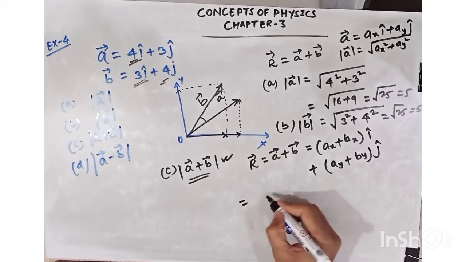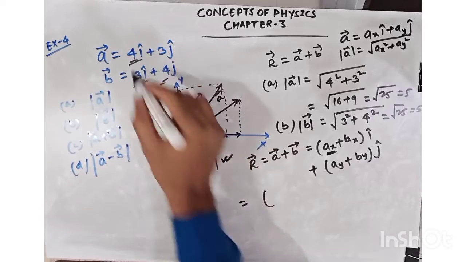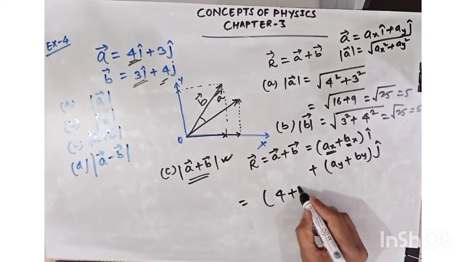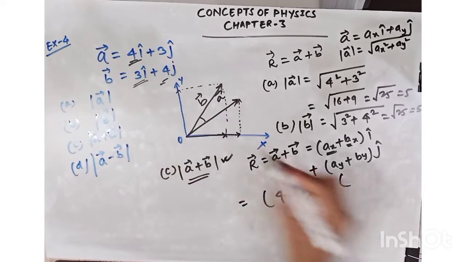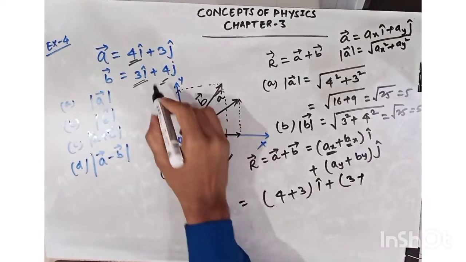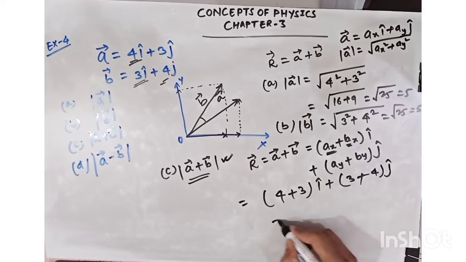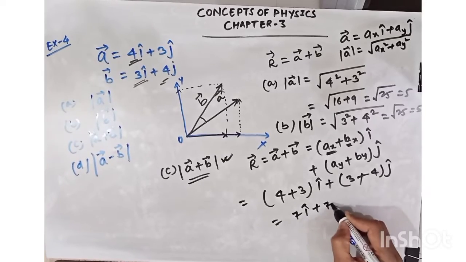So how much will it come? The x component of A is 4, the x component of B is 3, the y component of A is 3, the y component of B is 4j. So it will be 7i plus 7j.